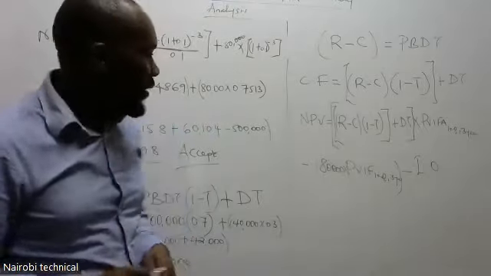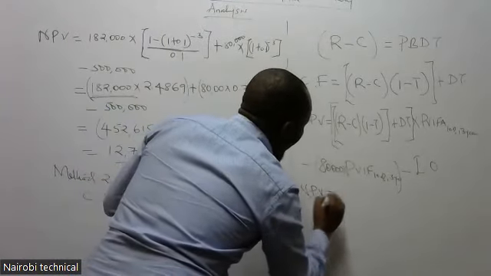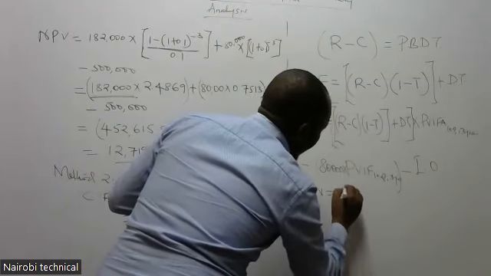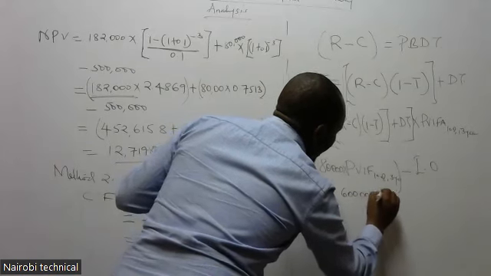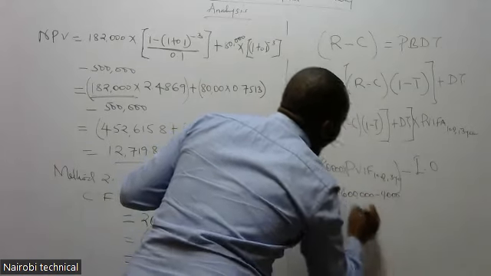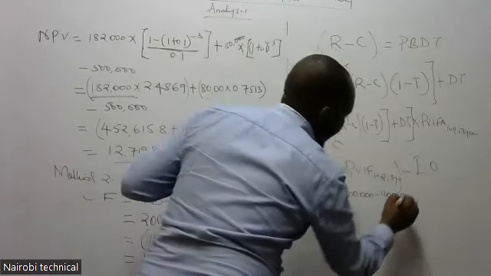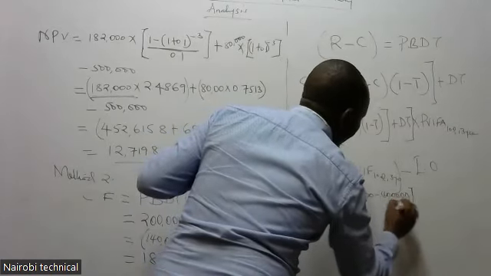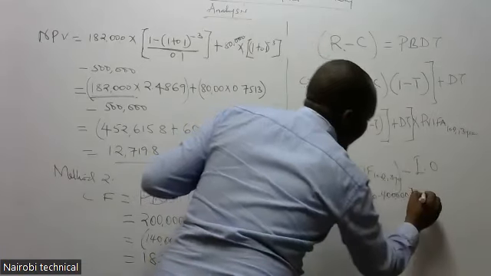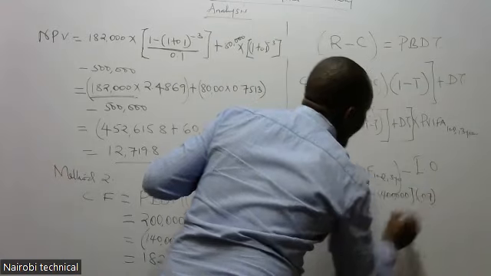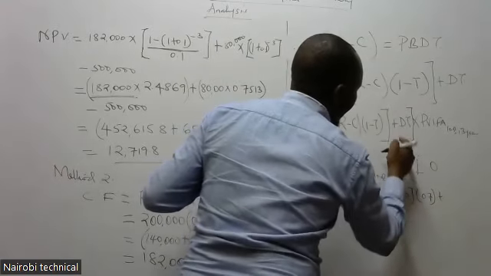Now, let's break these things into perspective and see if you're going to get the same answer, all right? So we have NPV given us 600, which is the revenue, minus 400, that is a cost, in brackets. This one is 0.7, plus this one.